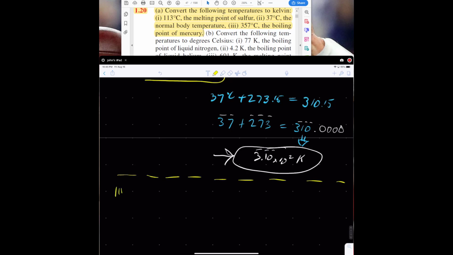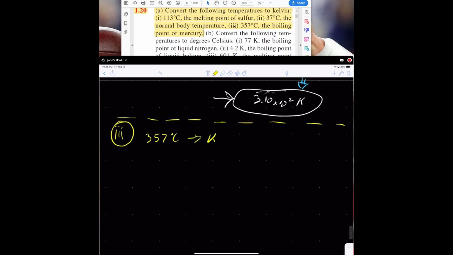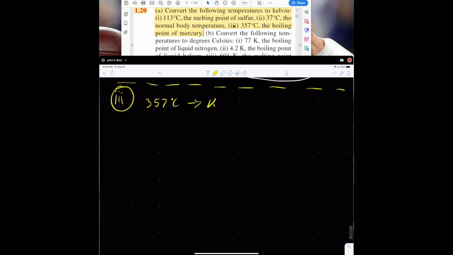Next, part 3, they want us to convert 357 degrees Celsius to Kelvin. We're going to do that.